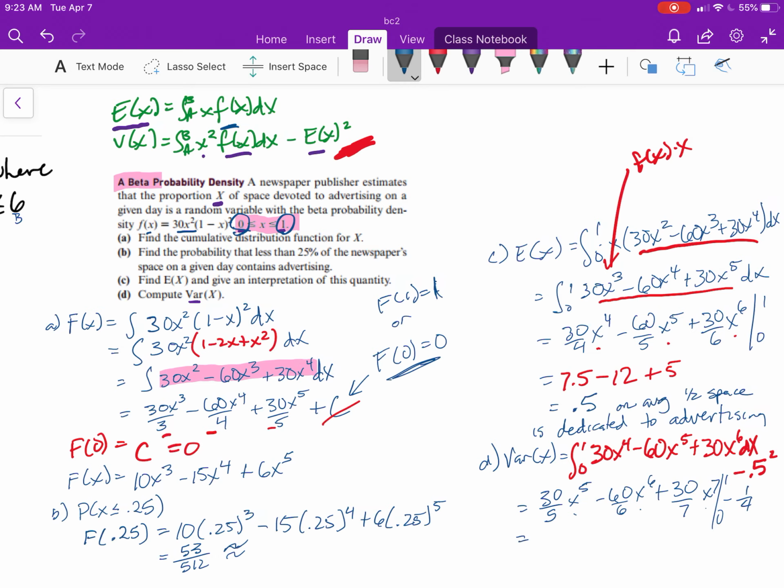So we just have 30 over 5, which is 6, minus 10, plus 30 over 7. It doesn't reduce, and it's an irrational decimal, right? So I'm just going to leave it like that, minus 1/4. And this would be -4, so -28. Anyways, I mean, you could use a calculator, but we get 2/7 for all of that here, minus 1/4. LCD of 28. We would get, overall, we get 1 over 28 is our variance.